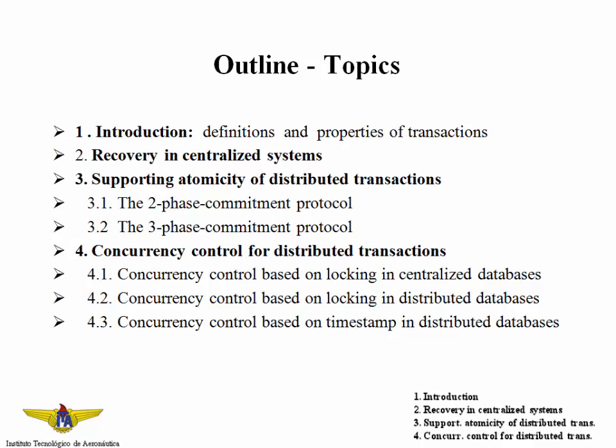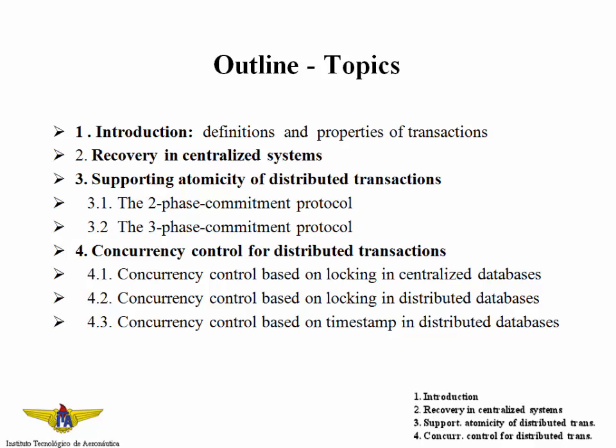The outline for my talk in this chapter includes the following topics: an introduction where I will give some definitions and discuss a little bit about properties of transactions, and it also includes recovery in centralized systems.